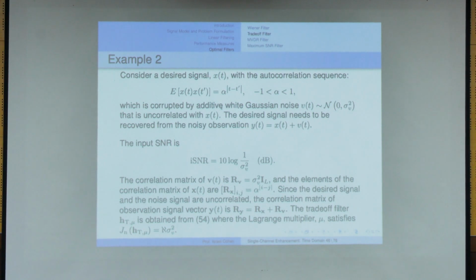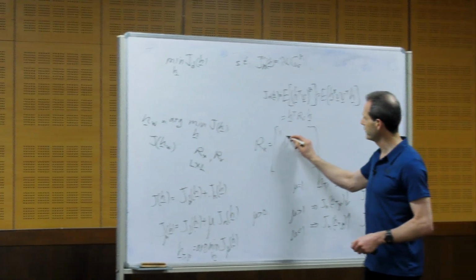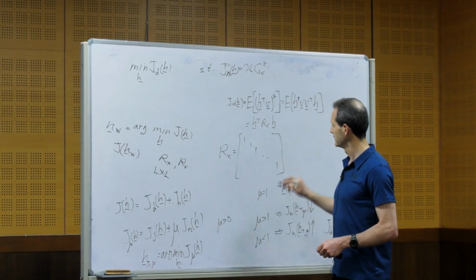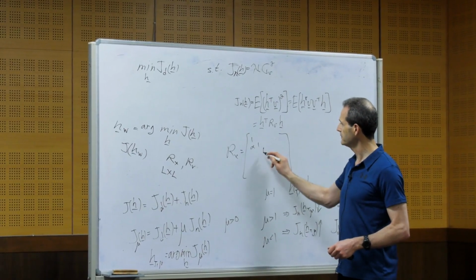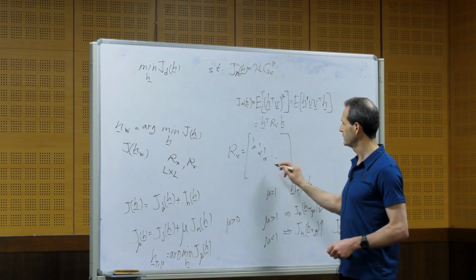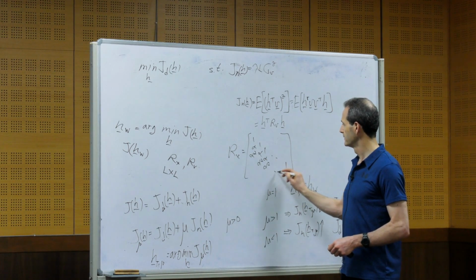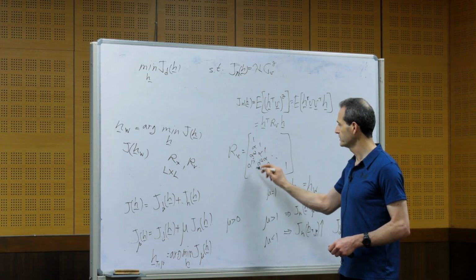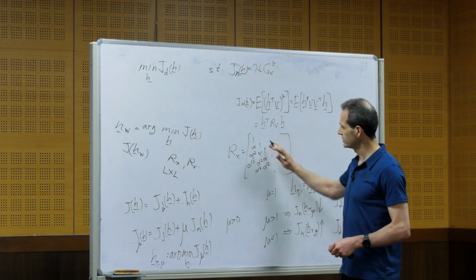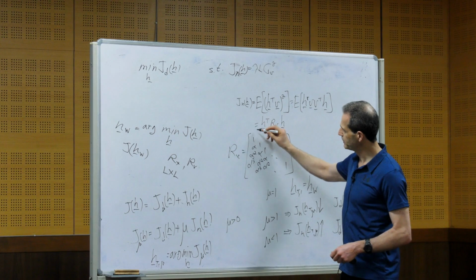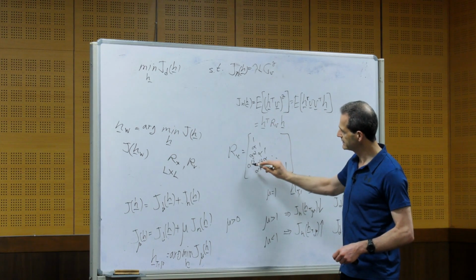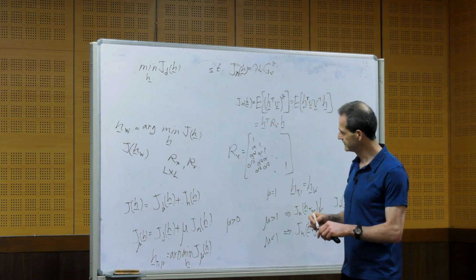So Rx looks like that. It's an L by L matrix. Here we have 1s, and here we have alpha, and so on. Here we have alpha squared, and so on, alpha to the third, and so on. So you see, when you have two samples with larger distance, the correlation decays.